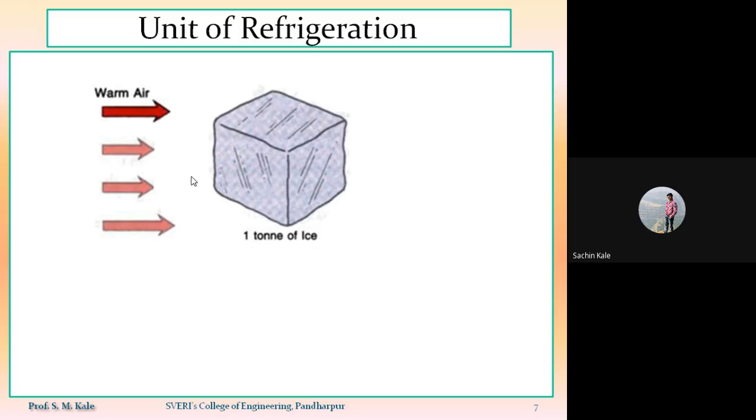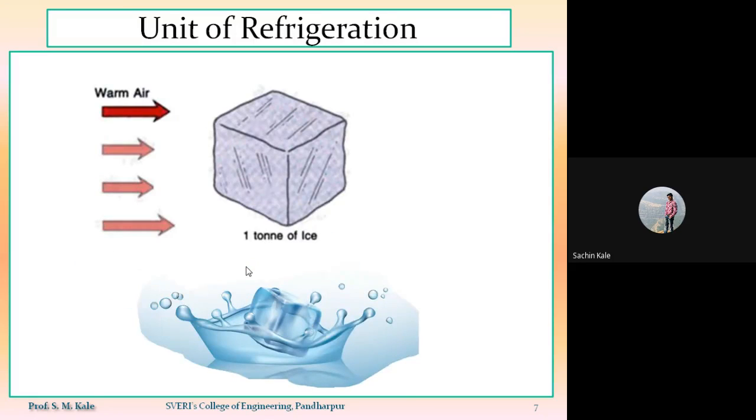After passing the warm air, the ice will absorb the heat from that warm air and start to melt. We pass the air in such a way that within 24 hours, that 1 ton of ice at an initial temperature of 0 degree centigrade gets converted into water at a temperature of 0 degree centigrade.